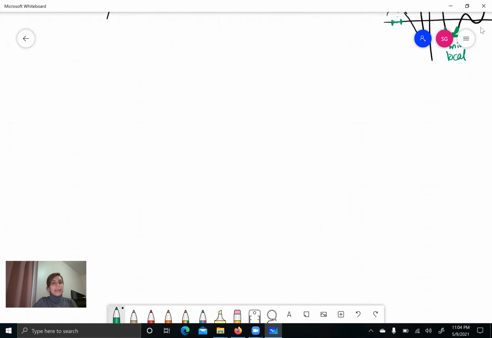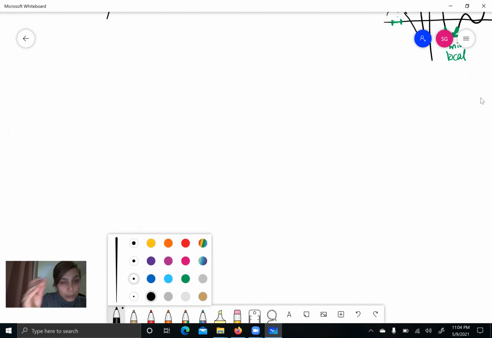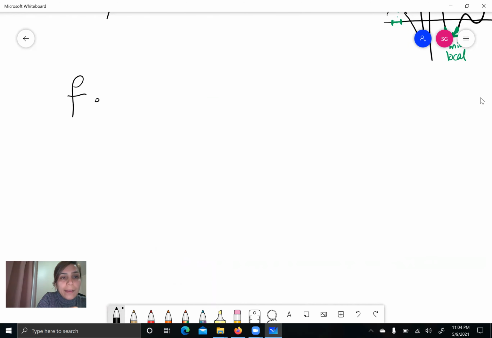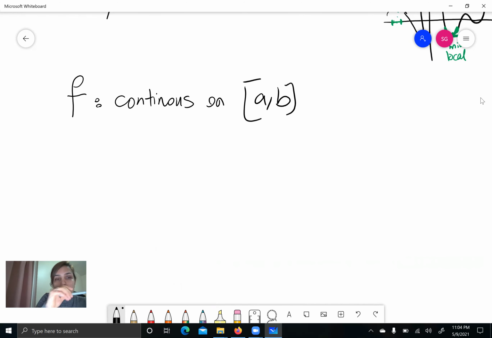It could be the domain, but the point is that you have a function f which is continuous on a closed interval. So let's say something like this, I'm not saying it has to be like this.